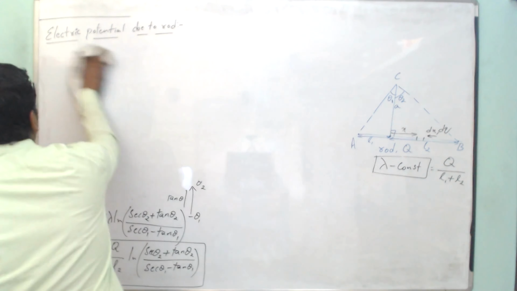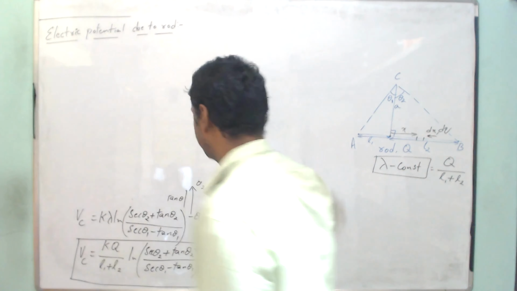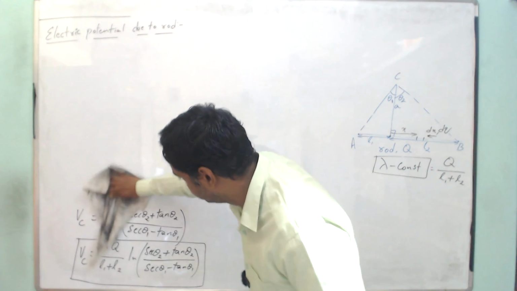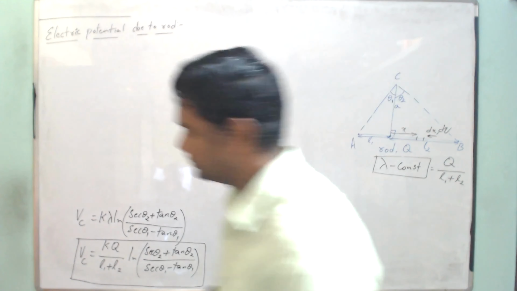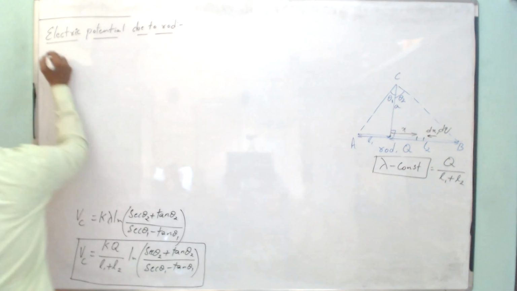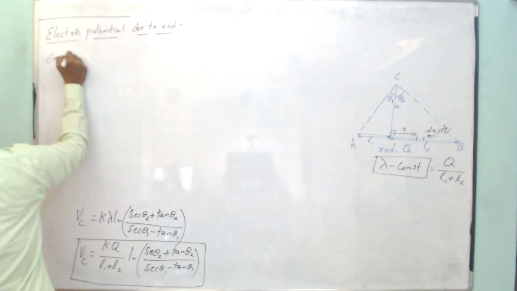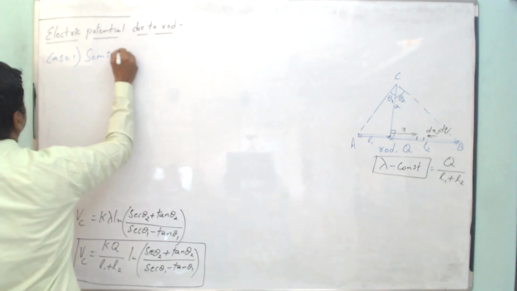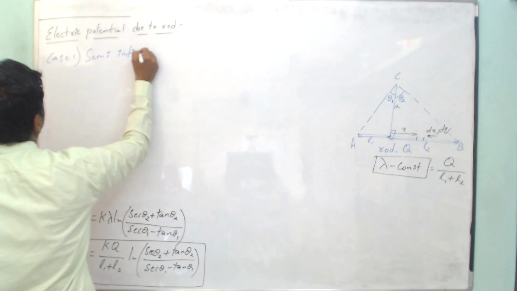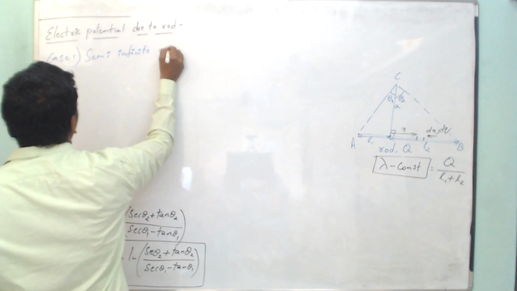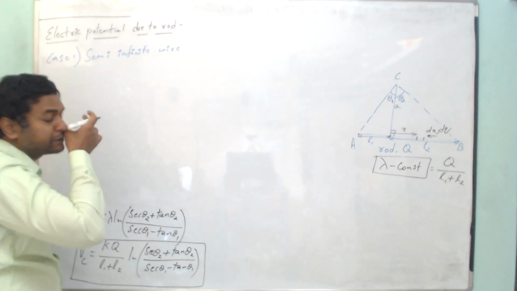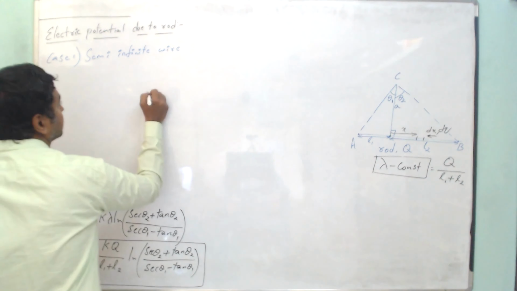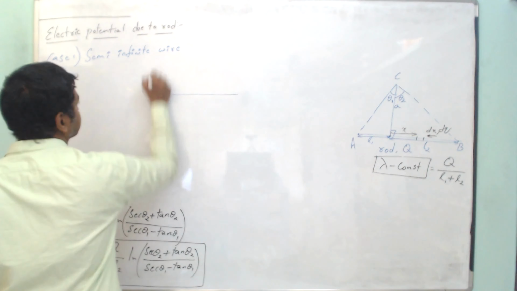Now, in this only, if we have cases, case 1, let us say I have a semi-infinite wire. Figure is something like this.